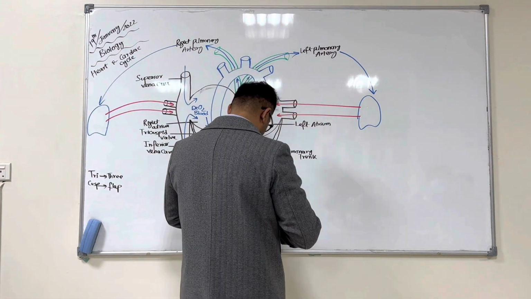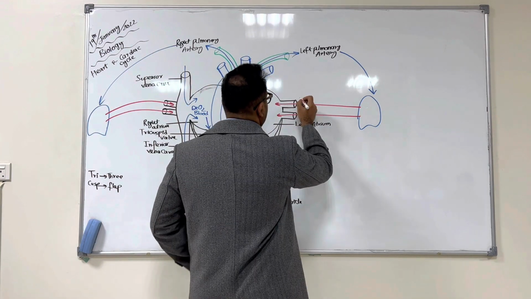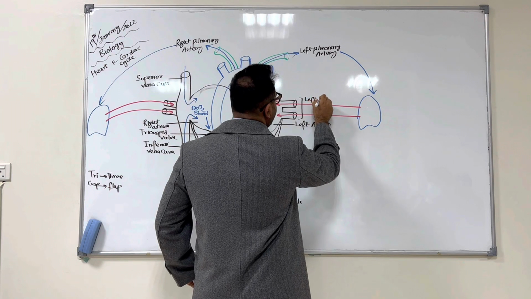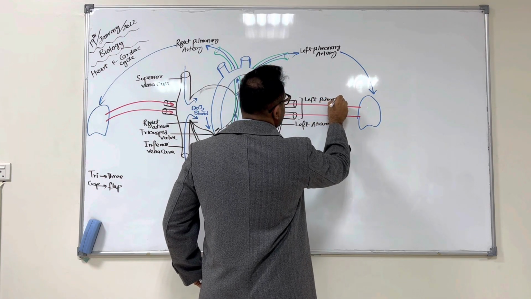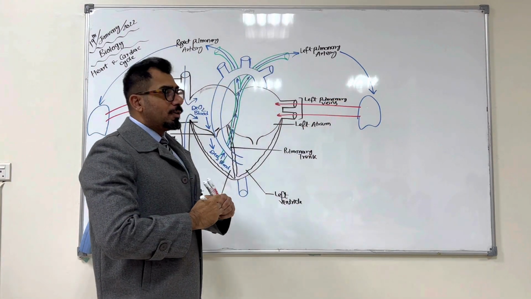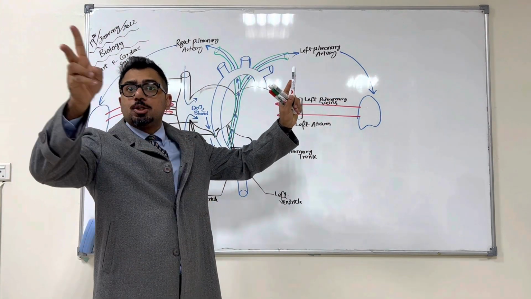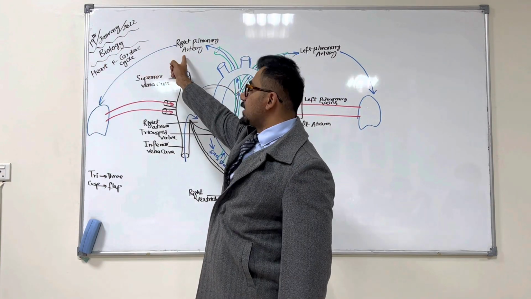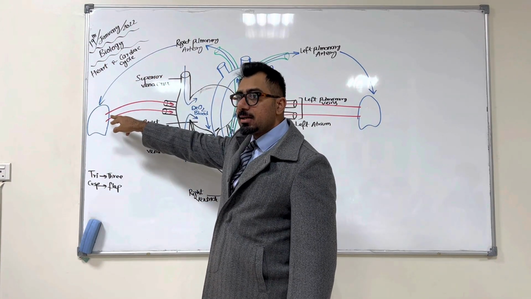These 2, they are called the left pulmonary veins. As I told you over here, this blood vessel divides into 2, and 2 enter into the left lung. This blood vessel also divides into 2 and 2 enter into the right lung.